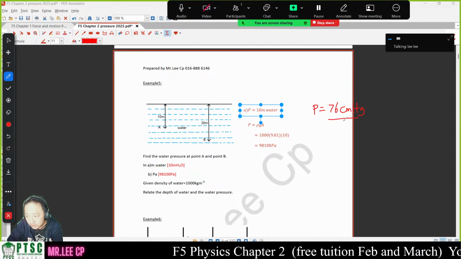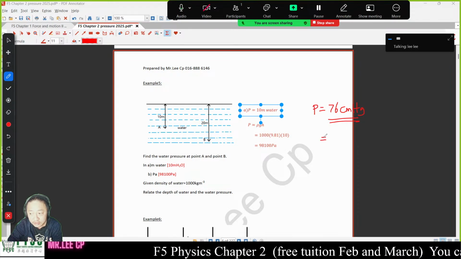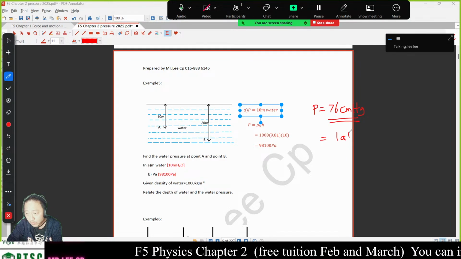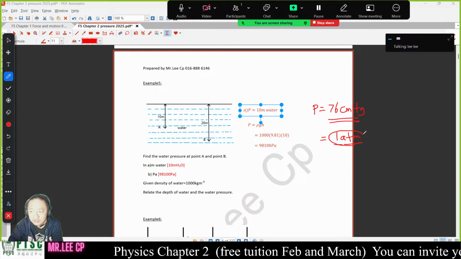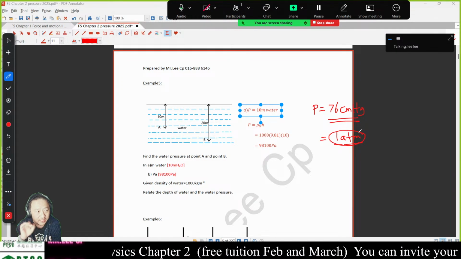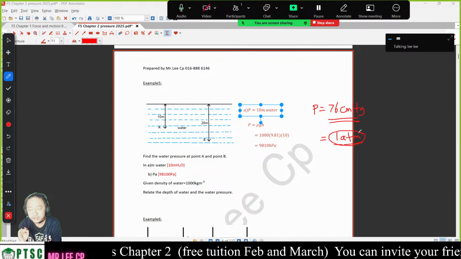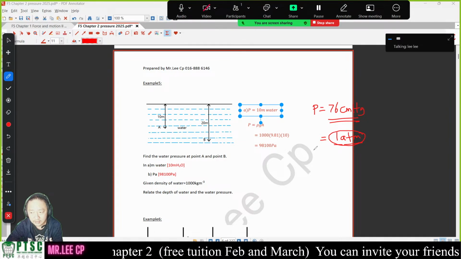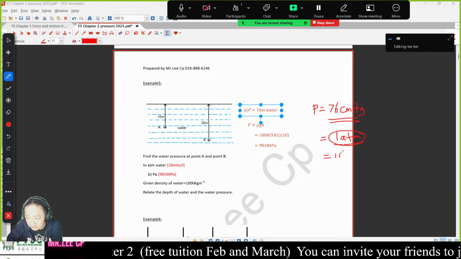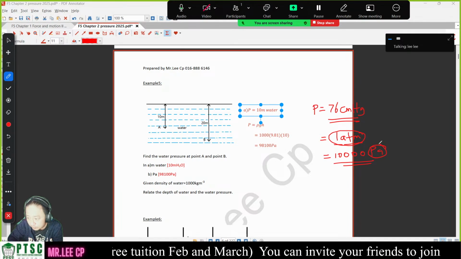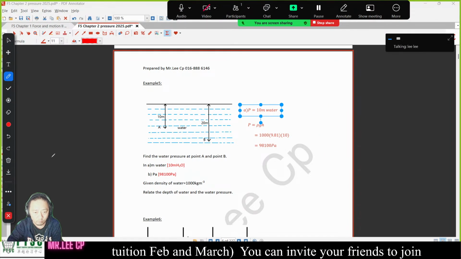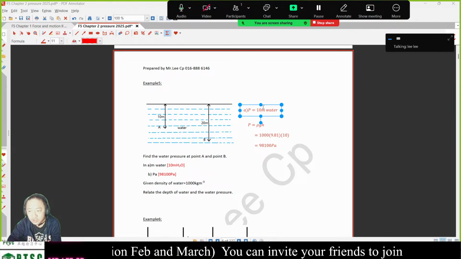You can use 1 atm, but this one is not used in SPM, so you don't need to worry about this. You can also use Pascal, like 10,000 Pascal. So 10 meter of water.